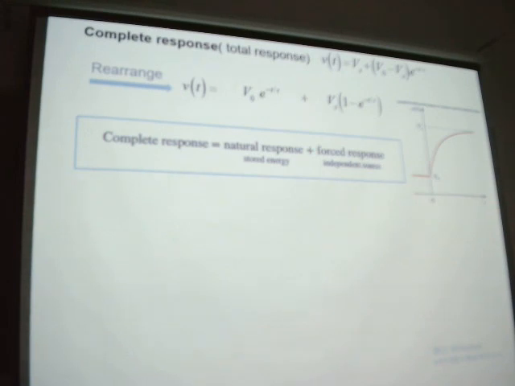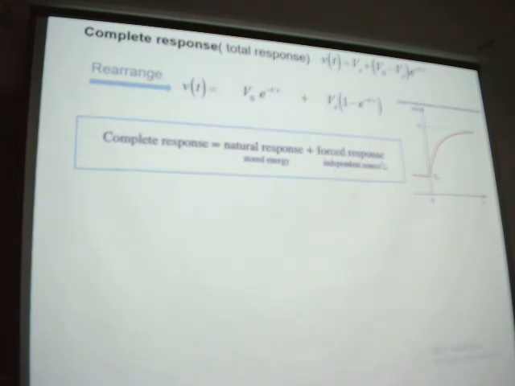But they are storage elements, so they can also supply energy. If we put the storage element inside the circuit, we don't have a source inside, but because of the energy stored before, we still have a response. This response we call the natural response.